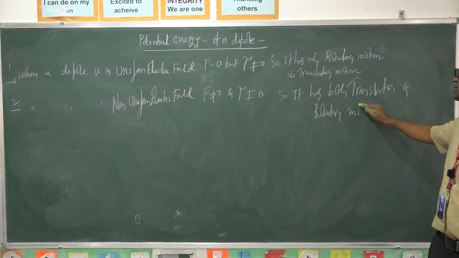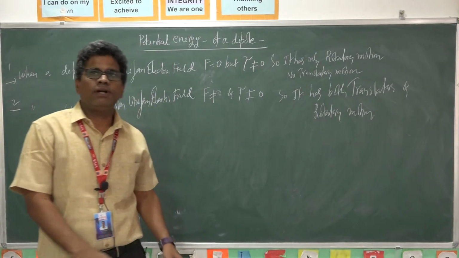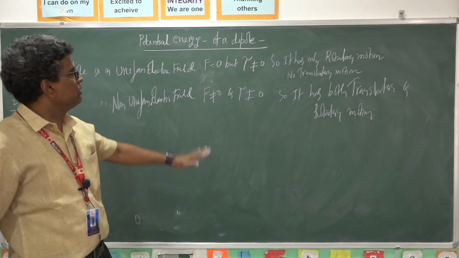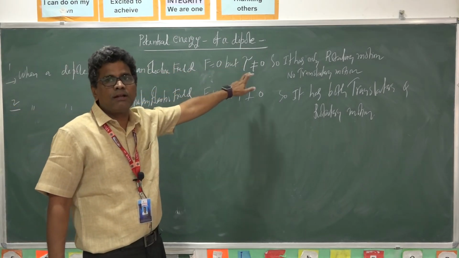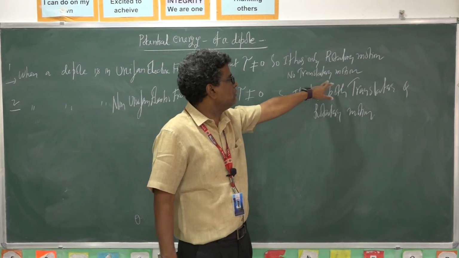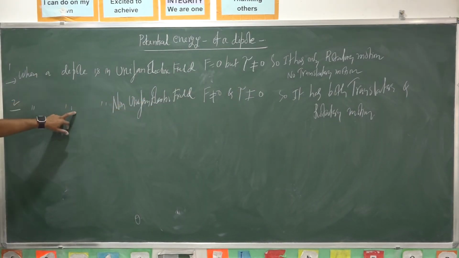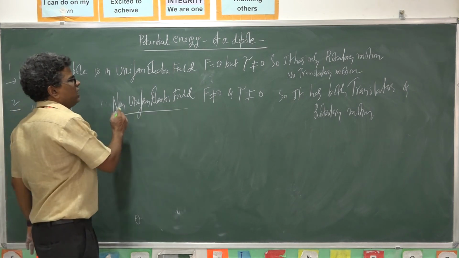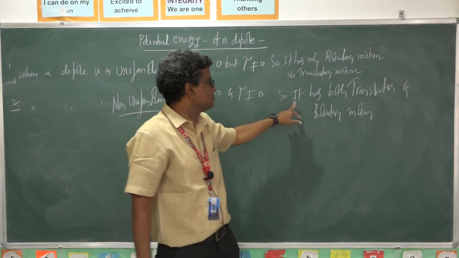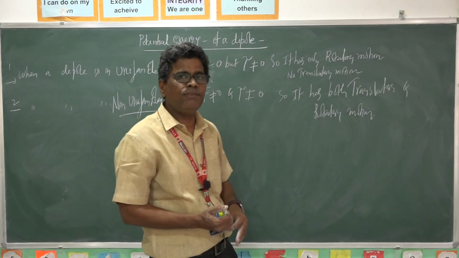So here I am giving two important points. The first point is, when a dipole is placed in a uniform electric field, the net force acting on it is 0, but the torque is not equal to 0, so it has only rotatory motion, no translatory motion. The second point is, when a dipole is placed in a non-uniform electric field, force and torque are both not equal to 0, so it has both translatory and rotatory motions when left free.